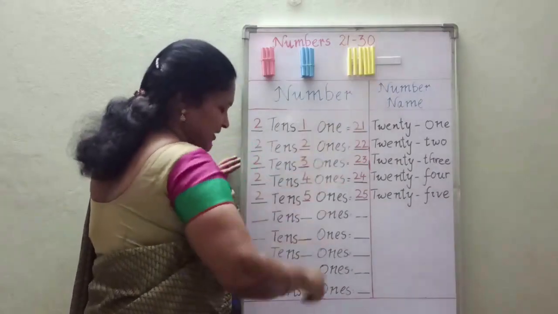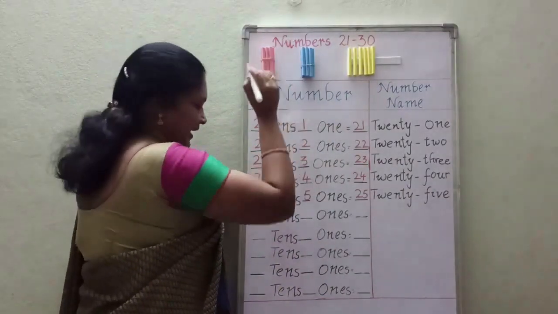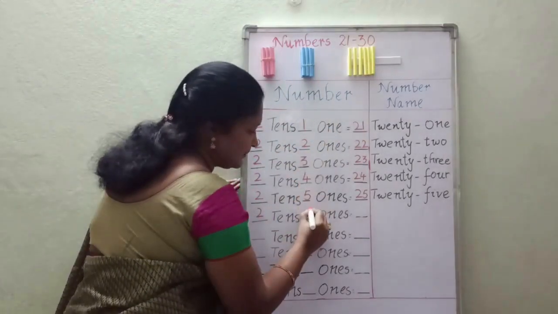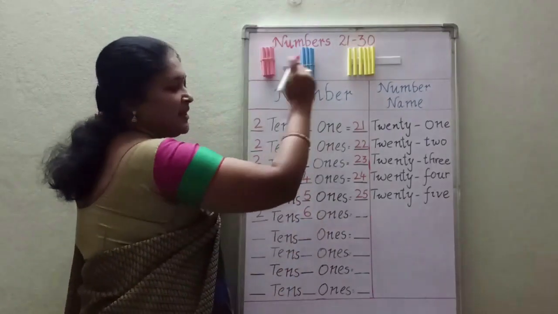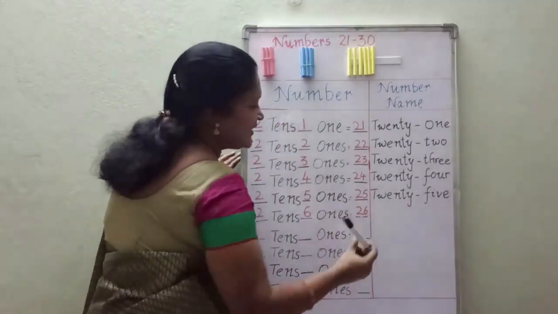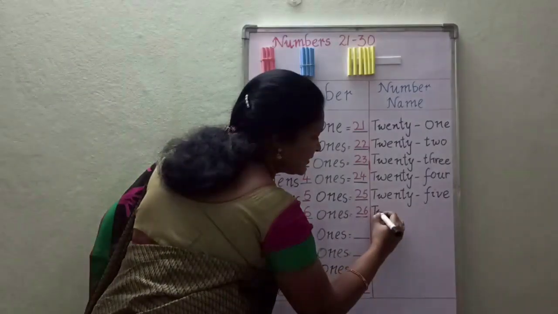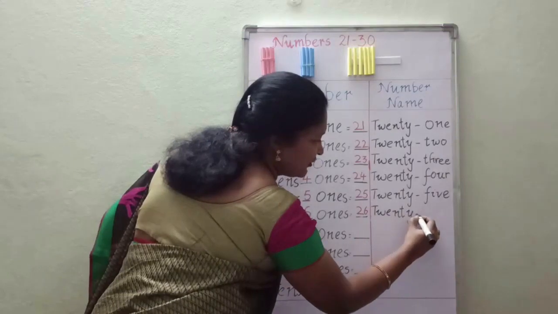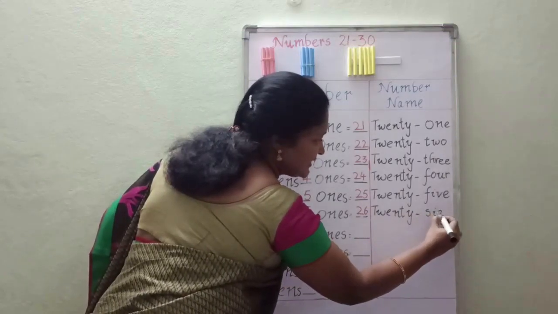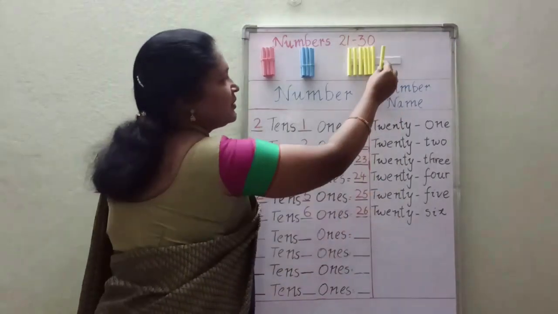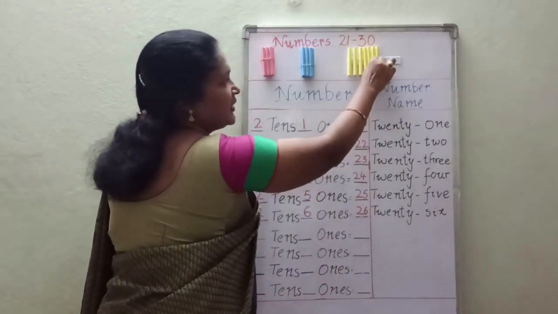So now tell me, children. 2 tens, 6 ones. So which number you got? 26. So what is the spelling of 26? TWENTY 20. SIX 6.